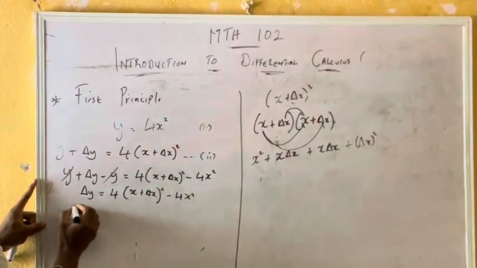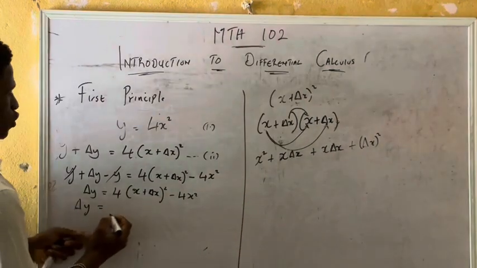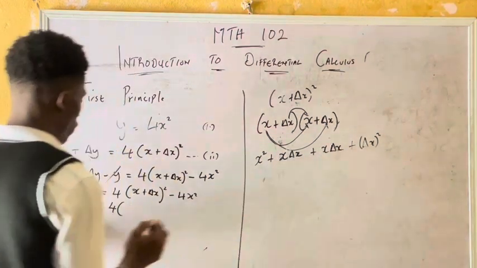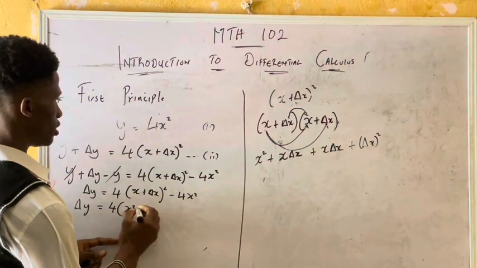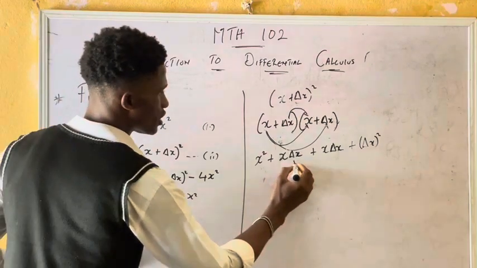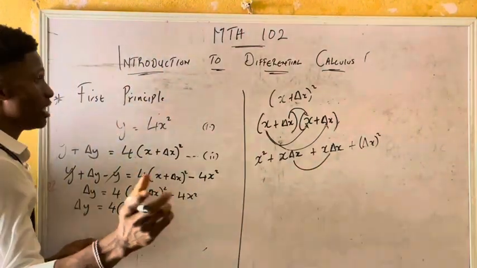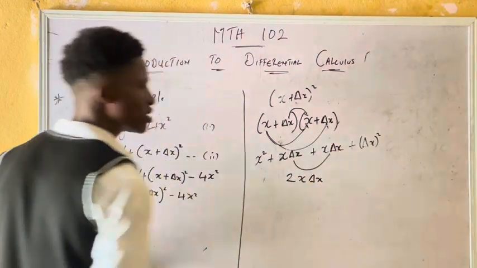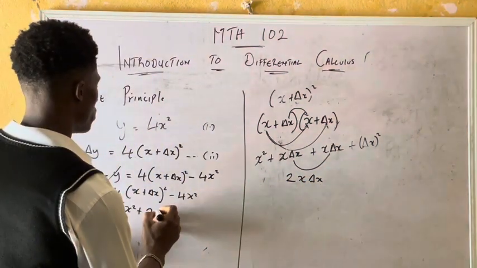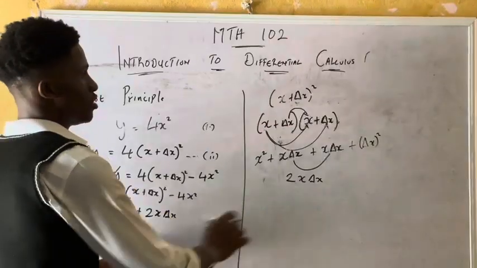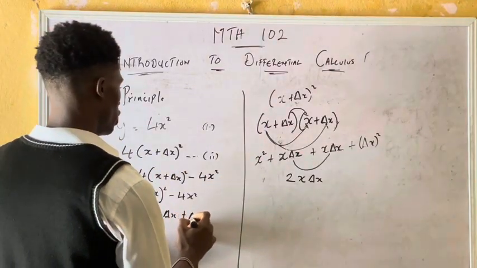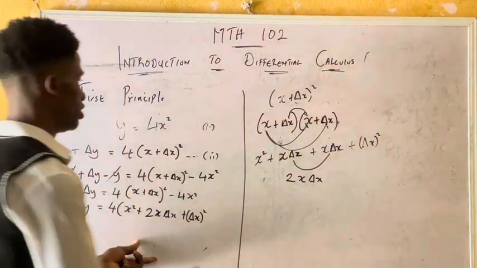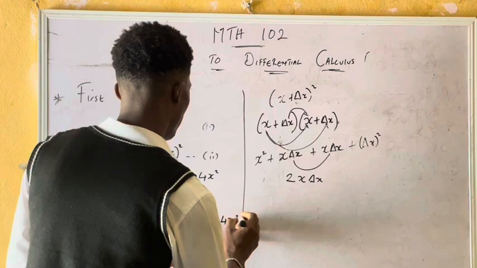So we have change in y is equal to 4 in brackets. Now don't forget, this is what we expanded that we got here: 4 in brackets x squared plus x change in x. This is x change in x, and this is x change in x. When you add both of them, you'll have 2x change in x, plus change in x squared, minus 4x squared.